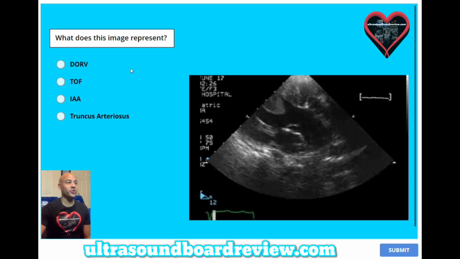Question 122. What does this image represent? A. Double outlet right ventricle. B. Tetralogy of Fallot. C. Interrupted aortic arch. Or D. Truncus arteriosus.